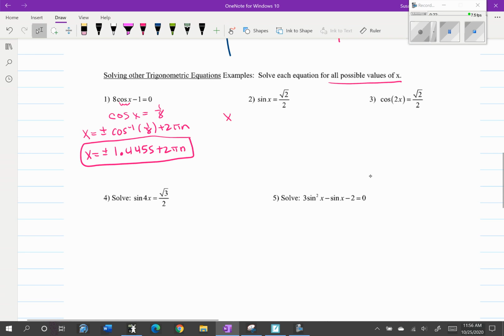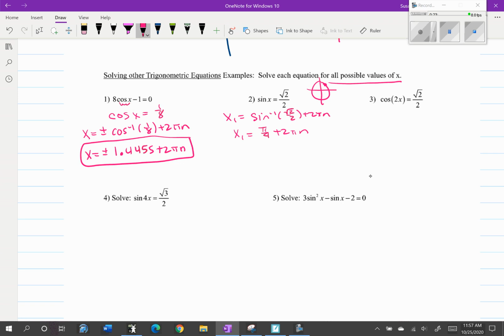So x1 equals the sine inverse of root 2 over 2 plus 2 pi n. We know that is right here on our unit circle, so that gives us pi over 4. So our first answer is equal to pi over 4 plus 2 pi n. We know those values because we did our inverses in the last topic that we talked about.